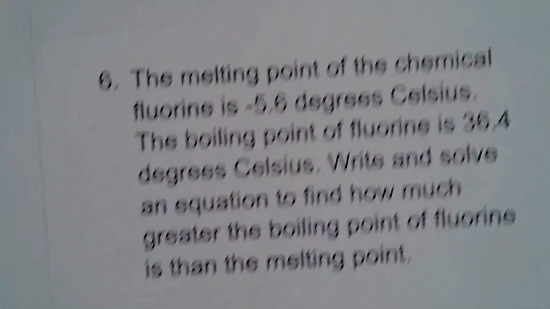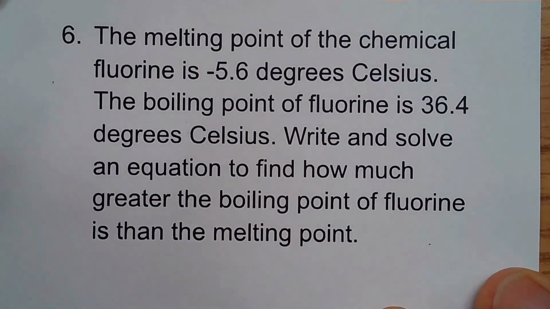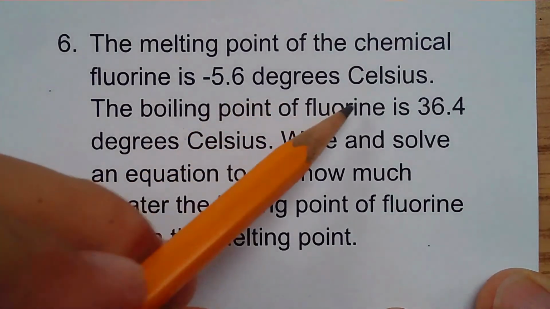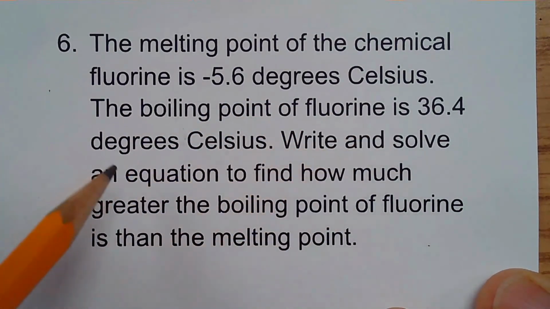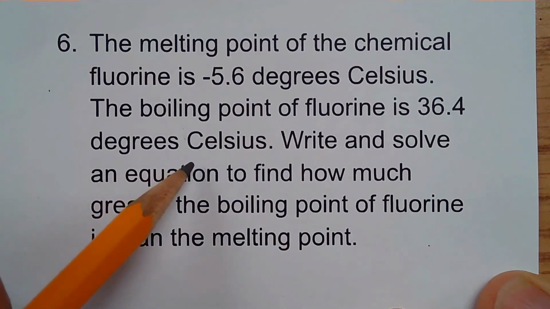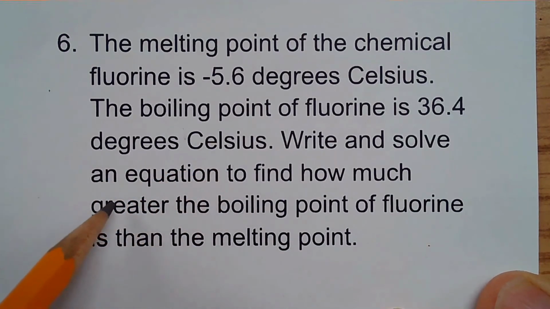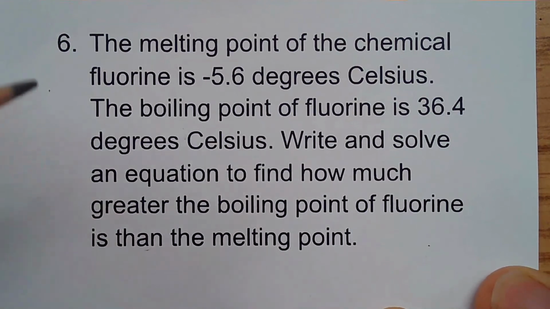Okay, number 6. The melting point of the chemical fluorine is negative 5.6 degrees Celsius. The boiling point of chlorine is 36.4 degrees Celsius. Write and solve an equation to find out how much greater the boiling point is than the melting point.